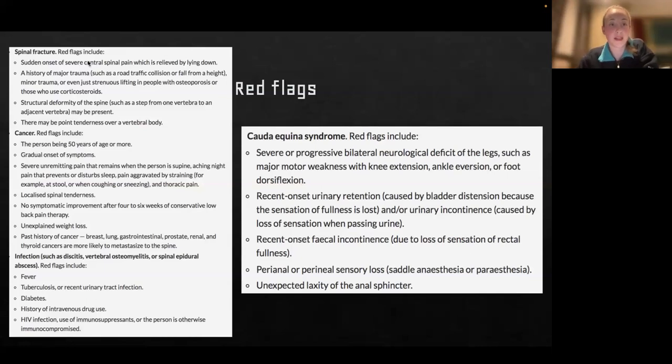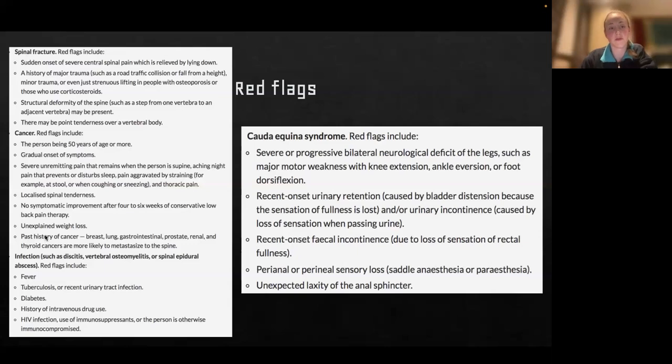Other red flags are thinking about whether someone has a spinal fracture, so have they had any history of trauma, any structural deformity, or any bony tenderness on examination. In terms of cancer, again, like I said earlier, someone being over the age of 50, localized tenderness or severe unremitting pain, any other red flags for cancer like weight loss or night sweats, and a past history of cancer.